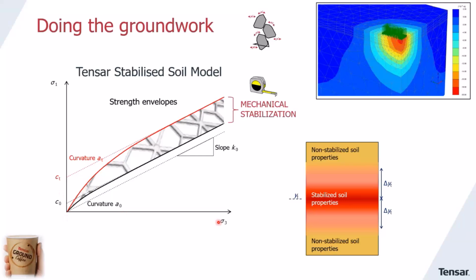Depending on the stress level and the vertical forces on the granular material, we have different properties. We can have a higher friction angle, but a lower cohesion depending on the stress levels.